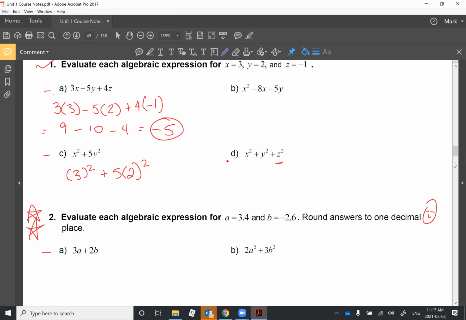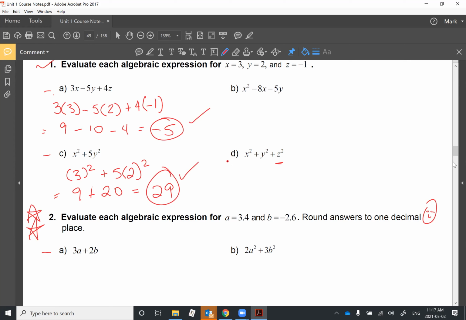Okay, that's easy. This will be 9, 3 times 3, plus, now 2 squared is 4, 5 times 4 is 20, so 29. Oh yeah, there's definitely a mistake in your answer key. All right, but 29 is good.